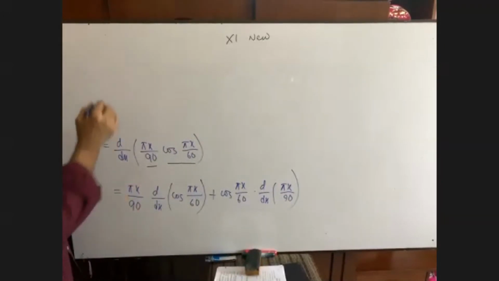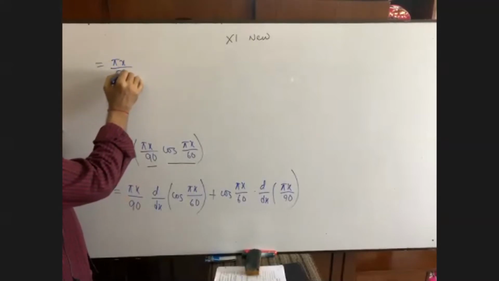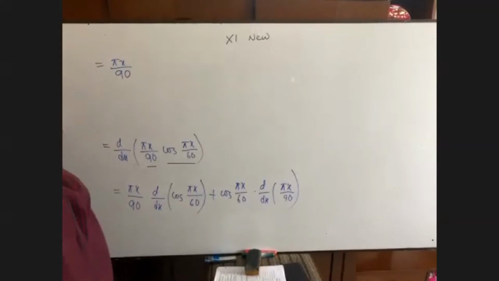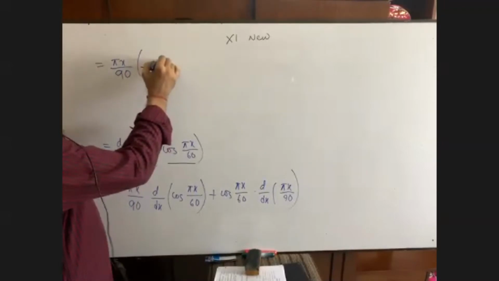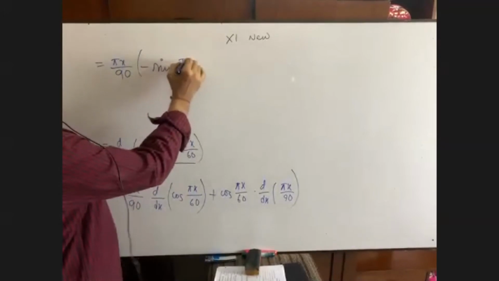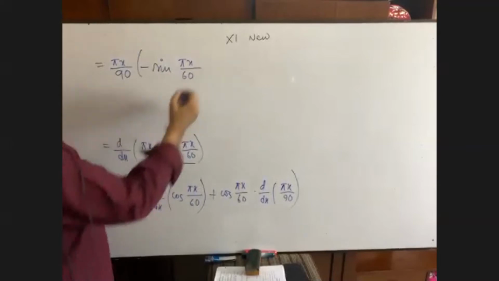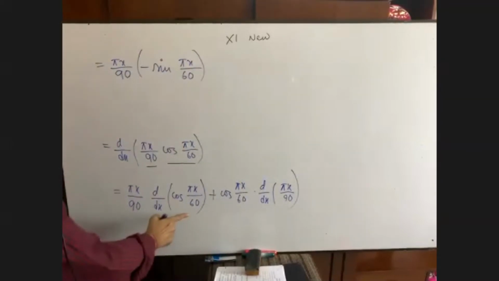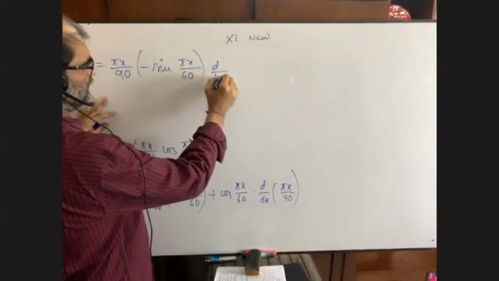That means it is pi x by 90, and cos theta equals to what? Minus sin theta. But you see here theta is not only theta, so it is to be differentiated again.